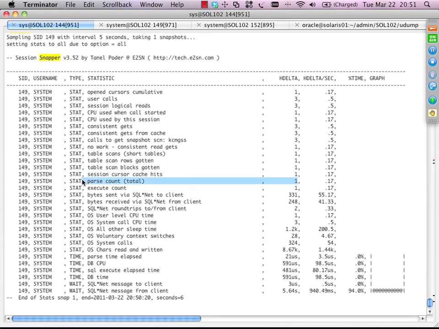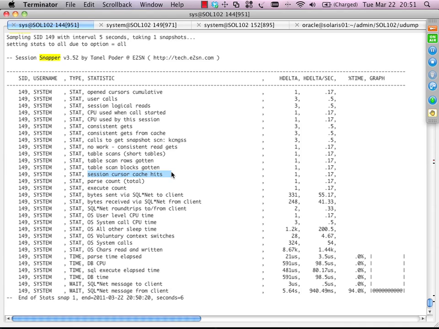So we had one soft parse, but it happened to be the softer soft parse because we had a cursor cache hit. This is how you know that the softer soft parse happened. So next time if you see that the parse count was 10, but cursor cache hits was 5, then you know that 5 soft parses actually resulted in the library cache lookup as well.